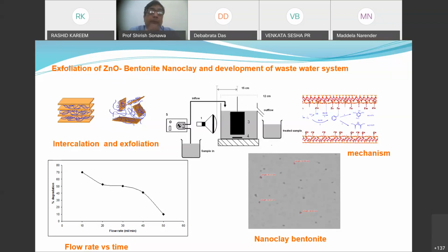But the sodium-based bentonite, with iron content, is mostly found in Rajasthan, and we can utilize that clay to make nano clay. Now, the interesting thing about clay is that each clay particle, if you take an 8 micron size particle, has a layered structure. It contains a number of layers, with gallery spacing between the clay platelets.